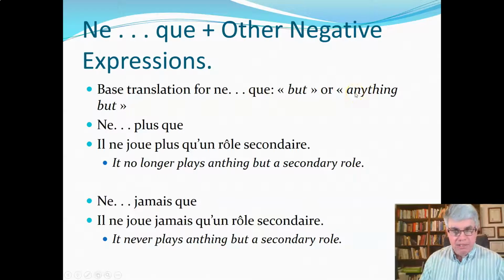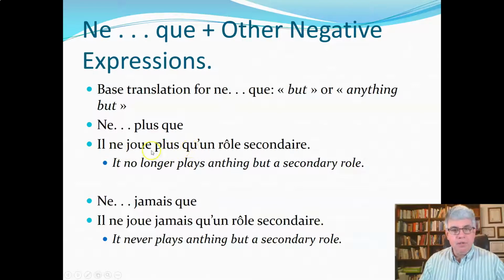anything but. So, ne plus que, il ne joue plus qu'un rôle secondaire means so it plays, il joue, and then we've got a secondary role here. And then we've got ne plus qu'un. So ne plus is no longer. And then we've got the que.